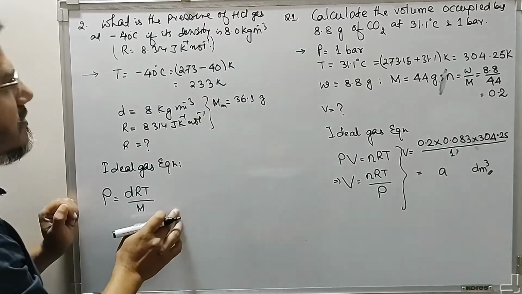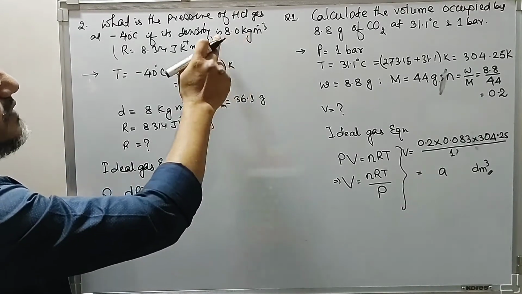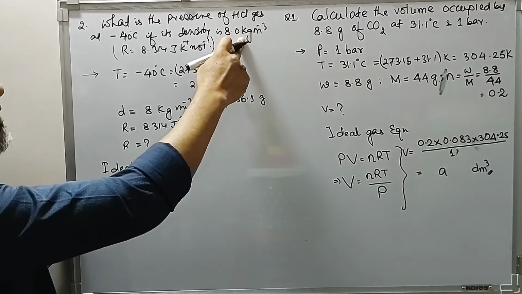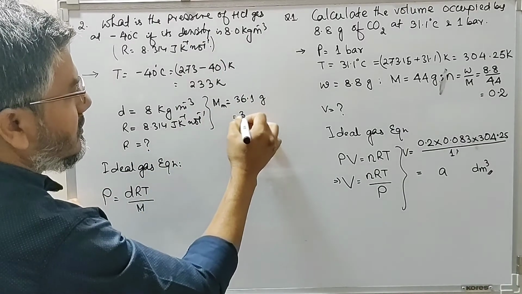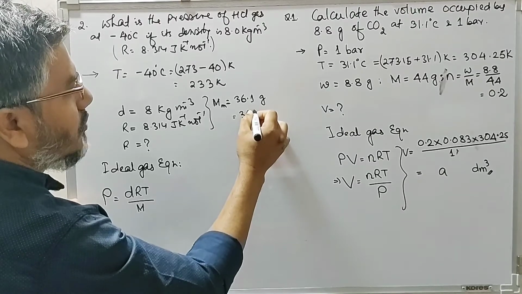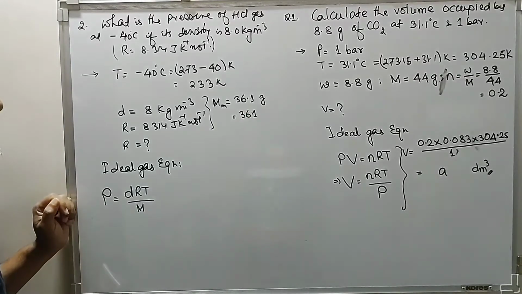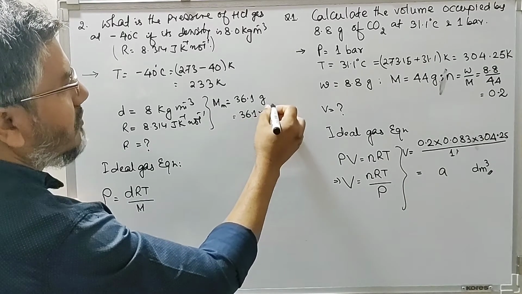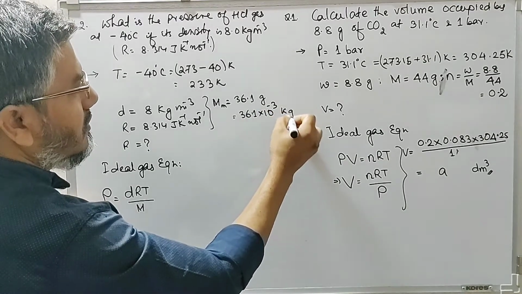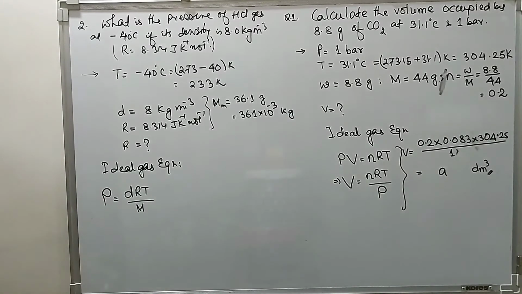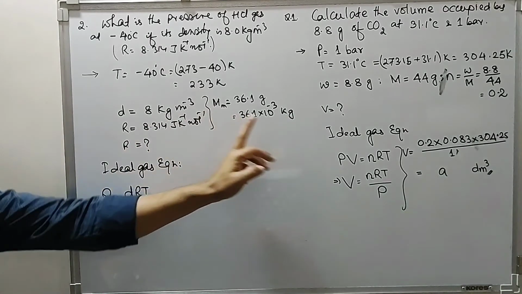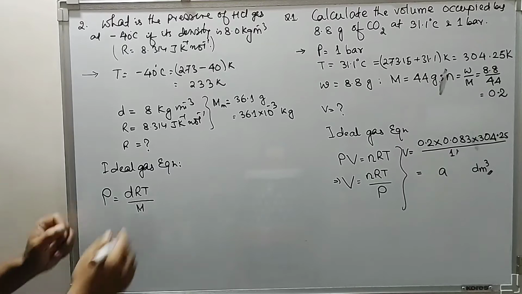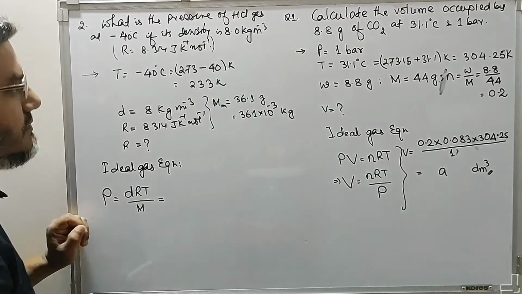Now we have to convert this in terms of kilogram because density is given in terms of kilogram. So this is equals to 36.1 into 10 to the power minus 3 kilogram. So this is the molecular mass of HCl in terms of kilograms. So we have the values, so use the values here.